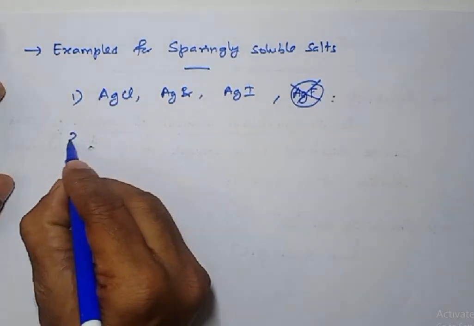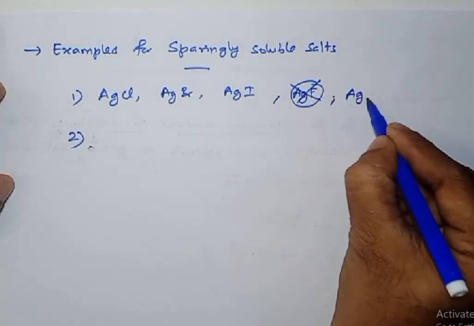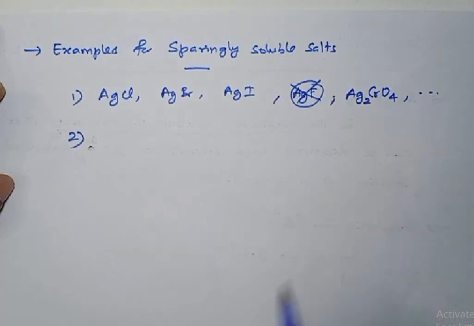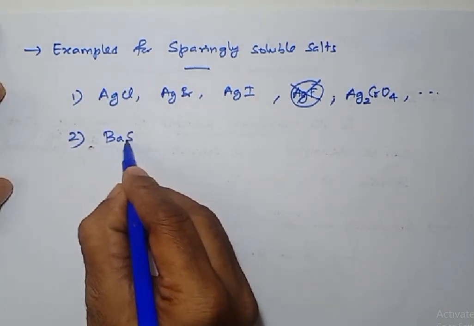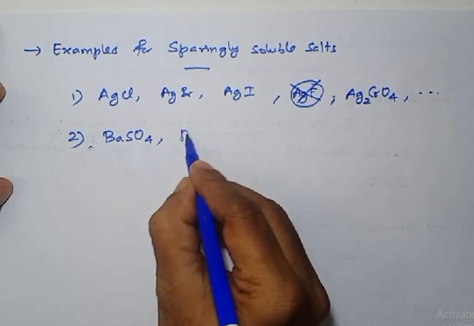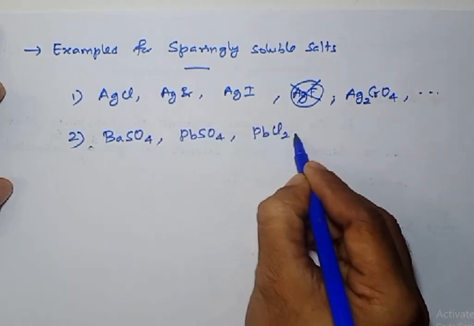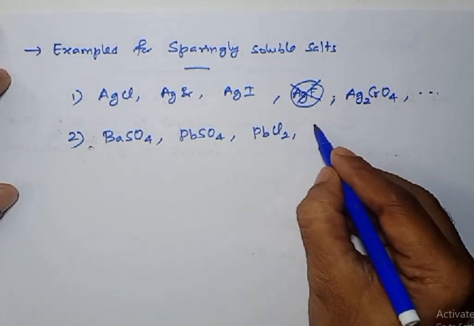Then number two, we have silver chromate, Ag2CrO4. This is sparingly soluble. Like that, many examples are available. Then we have barium sulfate, lead sulfate, lead chloride, barium chromate.